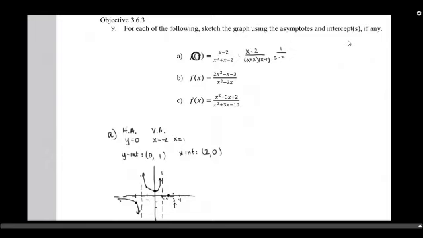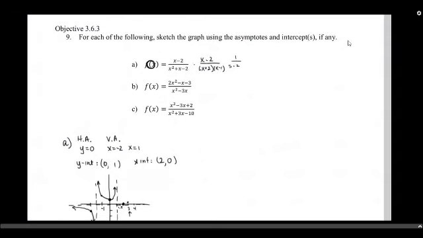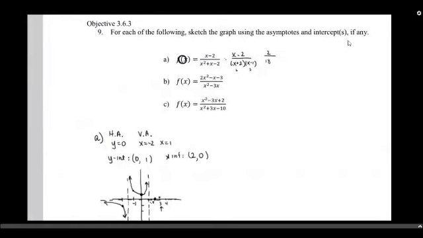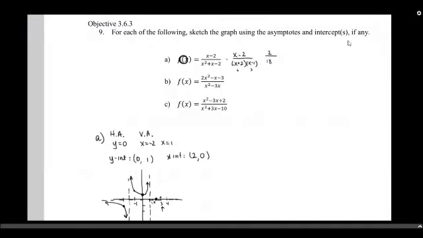So now if I plug in 4, 4 minus 2 is 2, 4 plus 2 is 6, 4 minus 1 is 3, so that's 2/18. So that's 1/9. It's still pretty tiny.